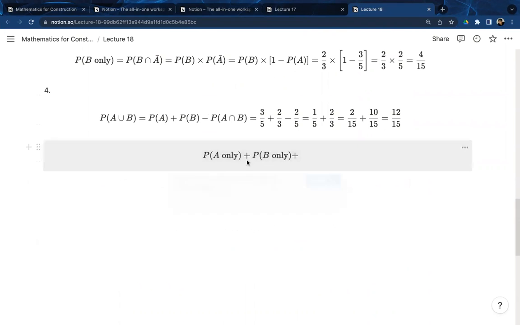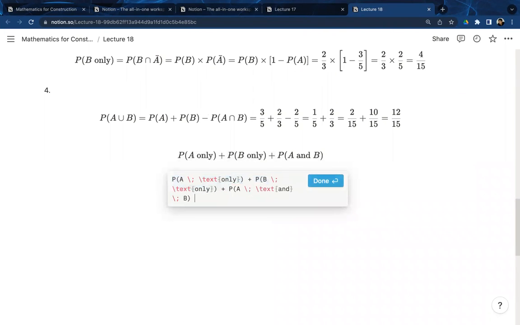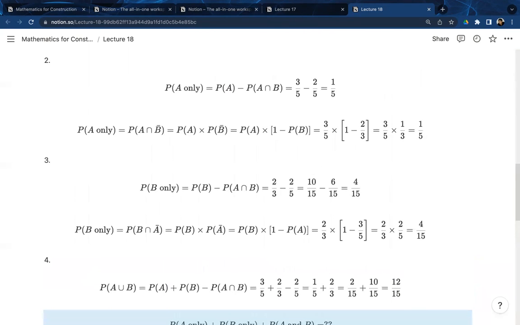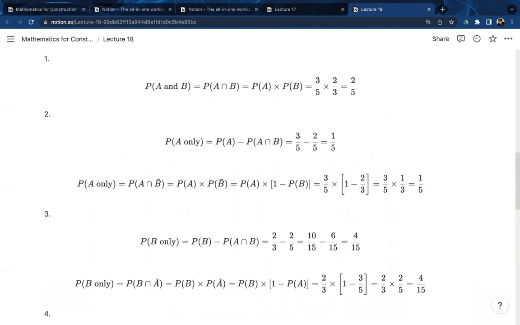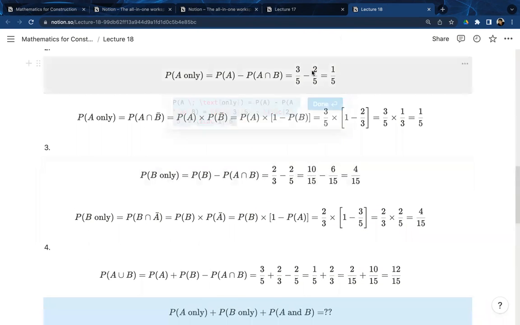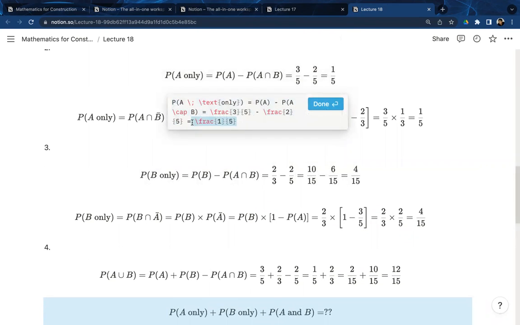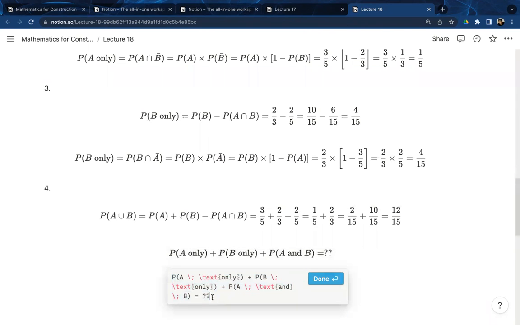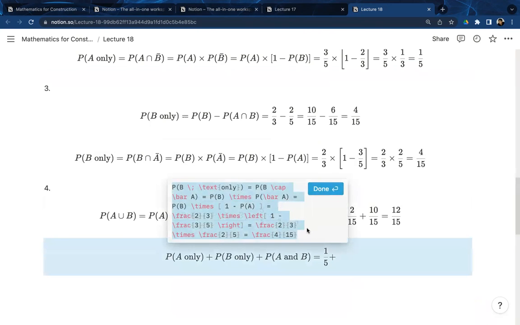I think this is what they're asking to get that answer. Right? Which is you're adding the three things. A only is 1/5. B only is the 4/15.